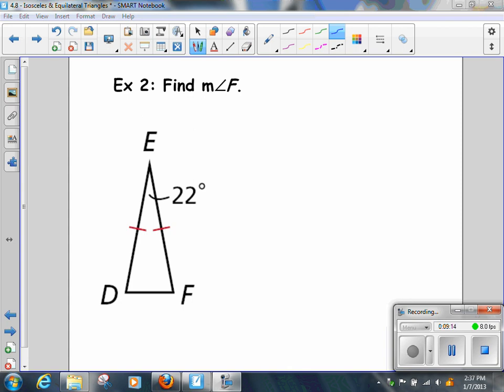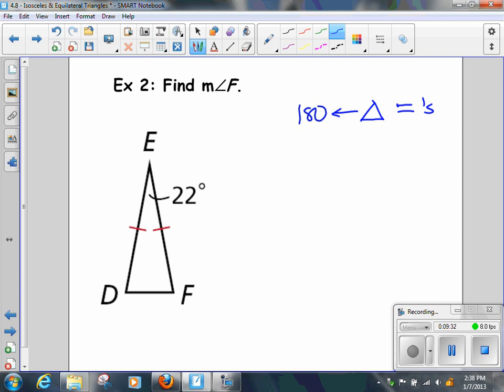What is it, everybody? 180. Triangle equals 180, folks. How am I going to figure angle F?